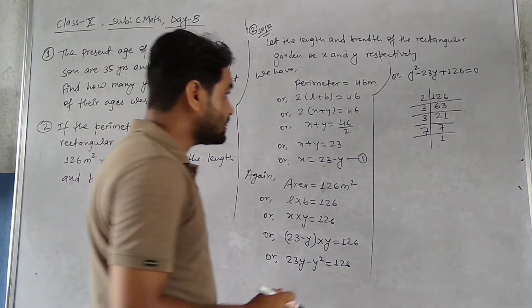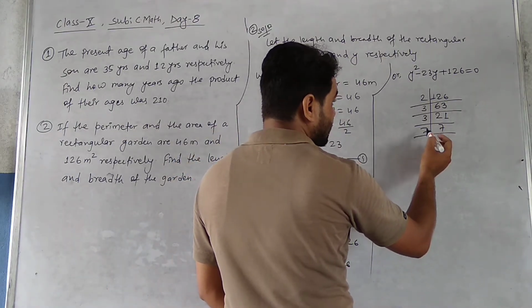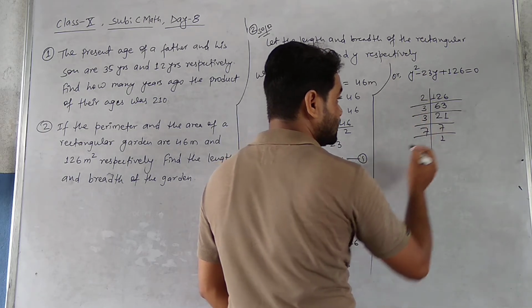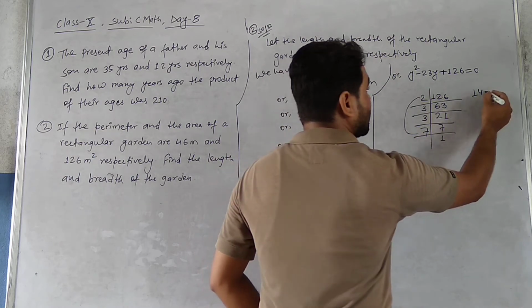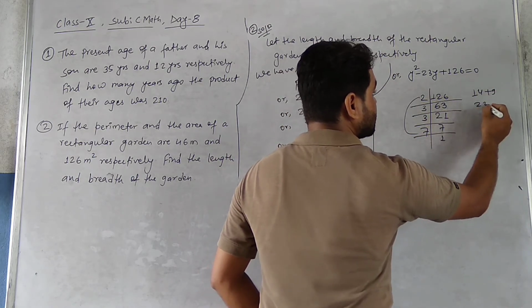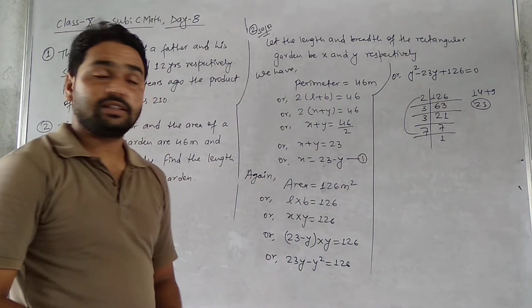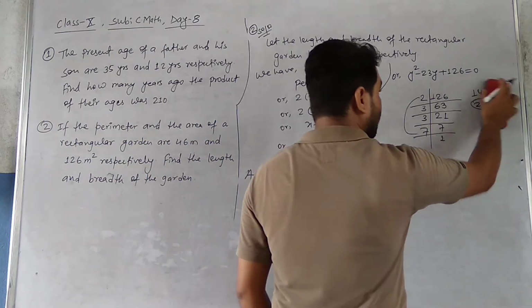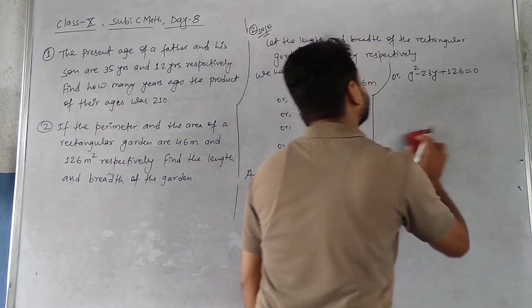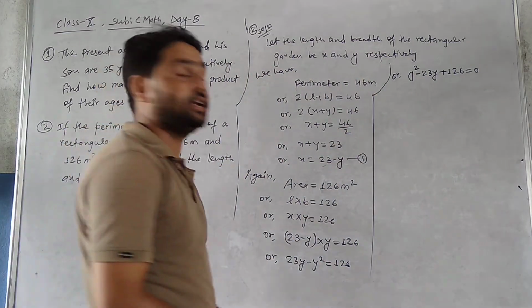That means if you multiply 7 by 2 we get 14, and 3 times 3 is 9. 14 plus 9 we get 23, right? Now that means 14 and 9 are the factors of 126.